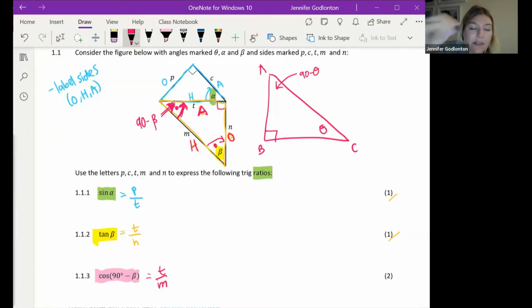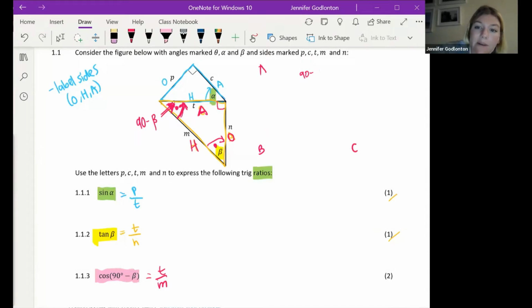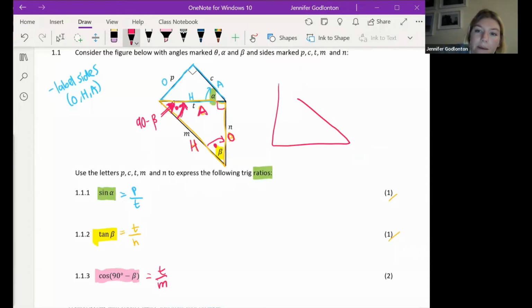Think about it logically. Let's make it with numbers, because that might make it a bit clearer. If this was 60 degrees, then what would that third angle be? What would my angle A be? 30.